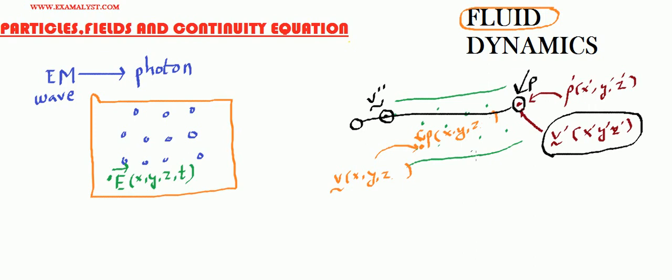Similarly, you can see that I can define each point of the fluid by using two field variables. One is density, another is velocity. And the overall motion of the fluid can be described in terms of these two field variables, the density and the velocity. One such equation is the continuity equation.